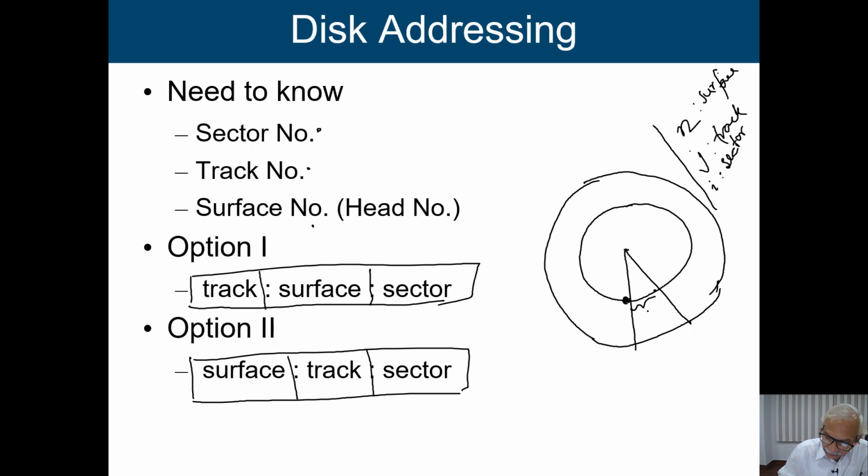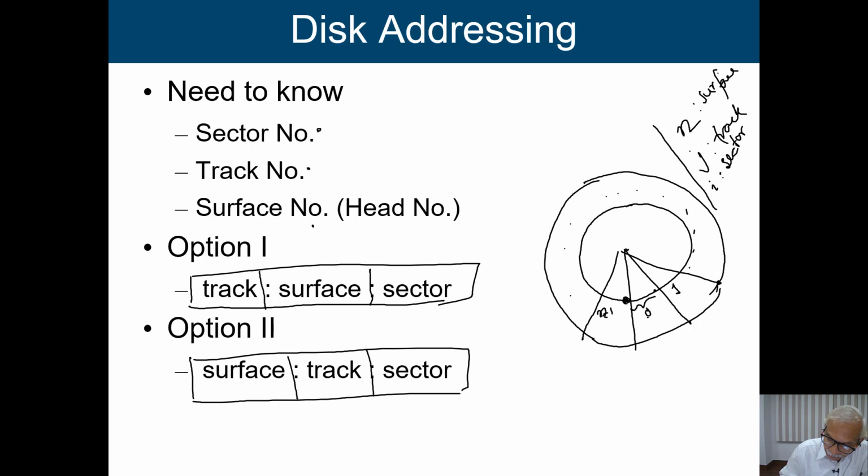Now what will happen? You just see, this is my sector 0, then I am going to get sector 1, like that. We are going to read all the sectors, okay, say up to n minus 1 if I am having a total of n sectors. So after reading the complete track, we have read all the information in this particular track.